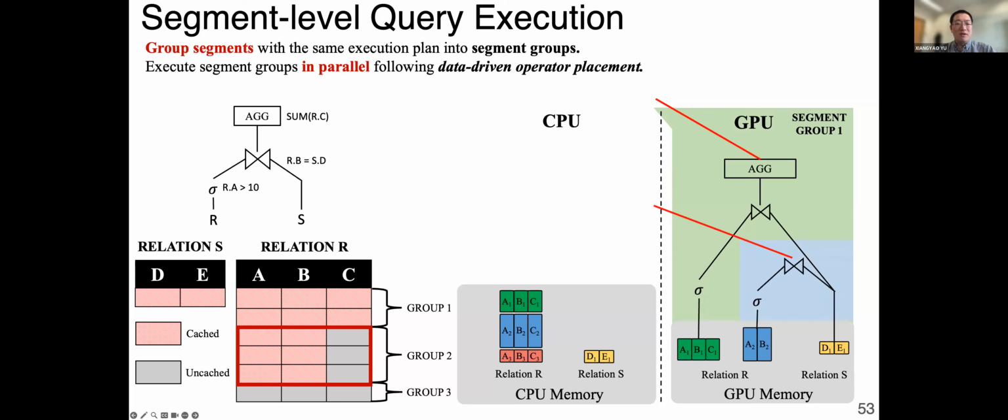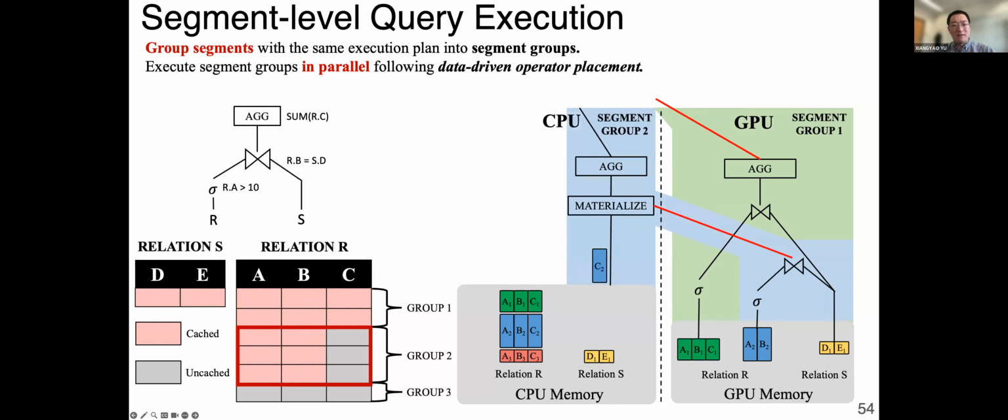But if you think about group two, columns A and B are cached, so you can do the selection and also the join. But column C is not cached, so you cannot do the aggregation in GPU. So after the join, we send the join result back to CPU, and the CPU will do the aggregation.